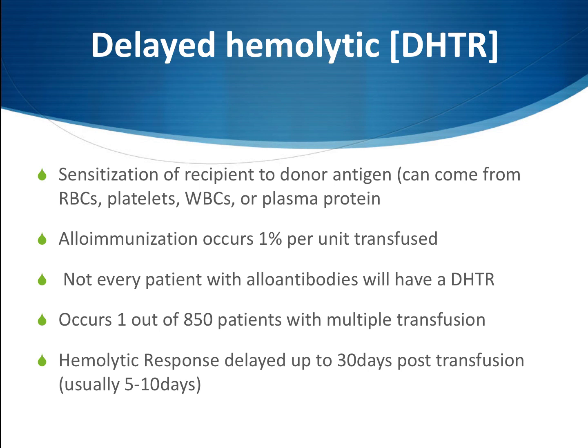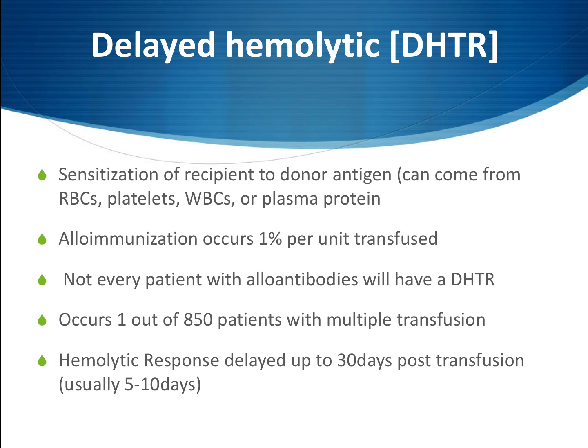Now, what's a delayed hemolytic transfusion reaction? Here, the sensitization of the recipient to the donor comes more delayed. The risk is about 1% per unit, and like every patient will make some alloantibodies, but not every patient will develop a delayed hemolytic transfusion reaction.